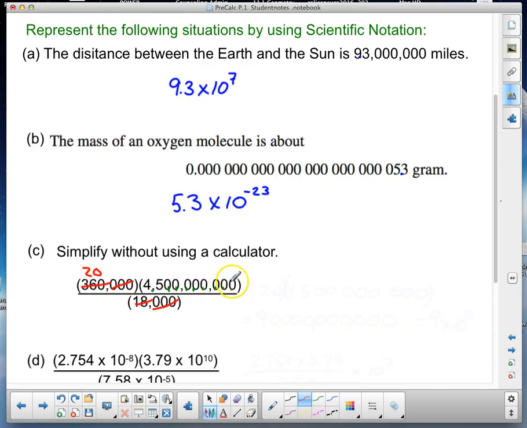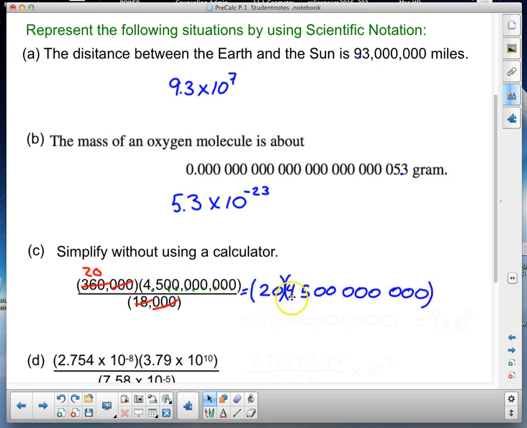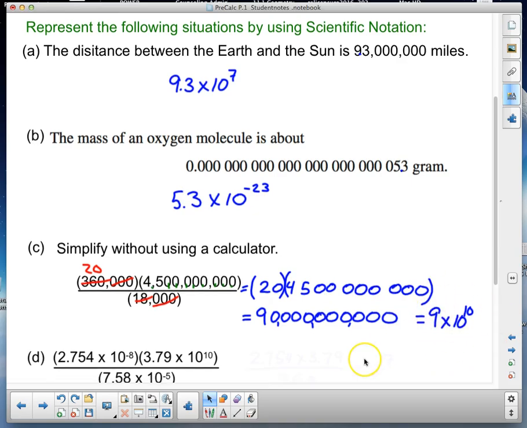Well, let's talk about it this way. I've got 20 times 4.5 billion. Well, 2 times 4.5 is 9, but then I'll move over a 0, so I've got 90 billion, and that's 9 times 10 to the 10th. And you can do this a couple other ways. Mine is not the only way to go, but this is the answer we're looking for.